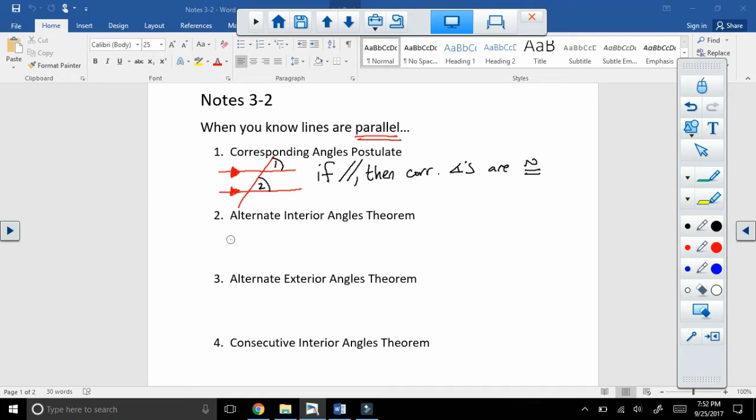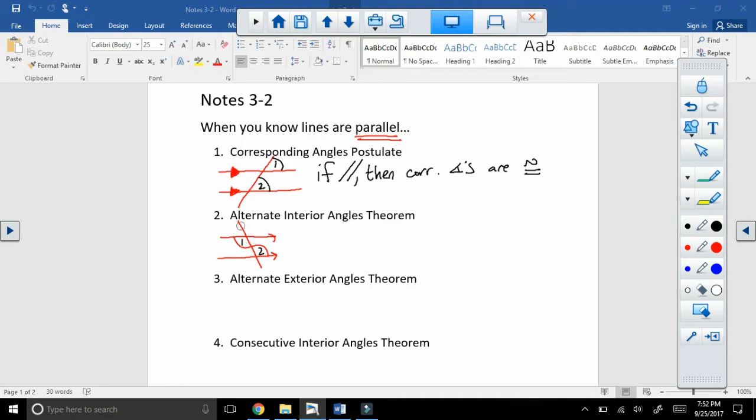For this next one, if you have alternate interior angles and you have parallel lines, so if I'm looking at these, in this case, angle 1 and angle 2 would be alternate interior angles. So when you know that these lines are parallel, those angles are also congruent.